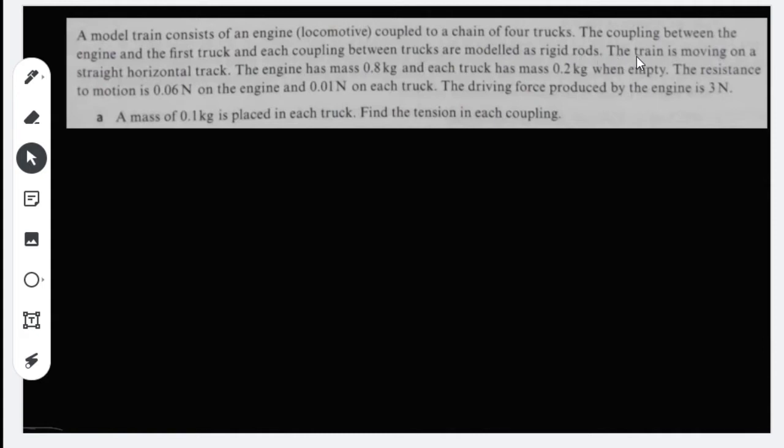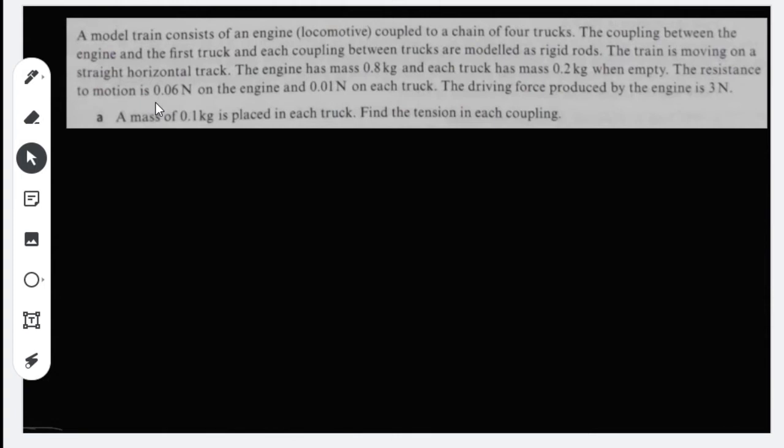So the train is moving on a straight horizontal track. The engine has mass 0.8 kilograms and each truck has mass 0.2 kilograms when empty. The resistance to motion is 0.06 Newton on the engine and 0.01 Newton on each truck.